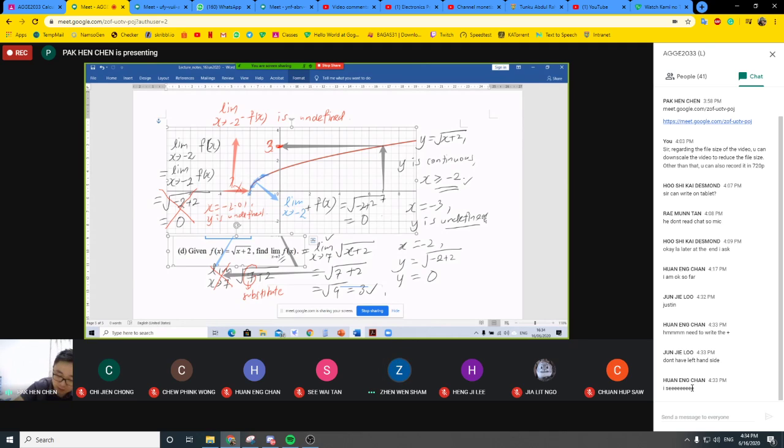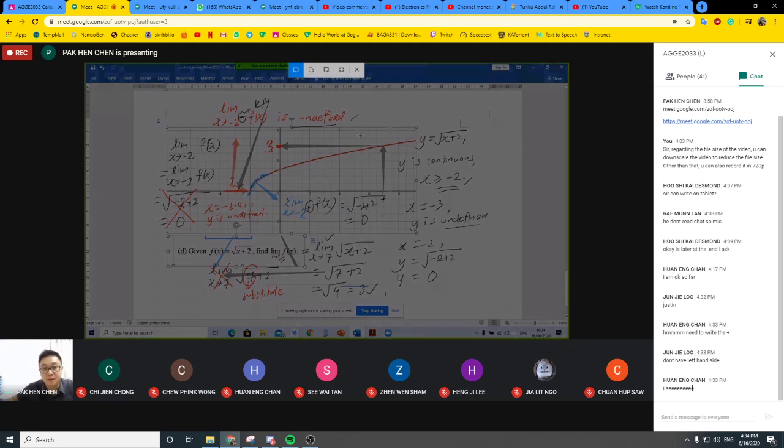Can you see the negative sign here? The negative and the positive sign actually make a big difference. If it is negative, it means it's from the left side. From the left side, if you do not have any points, that means you do not have that limit. It will be undefined.